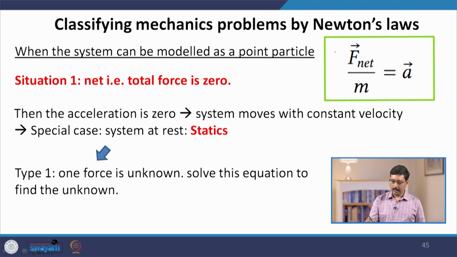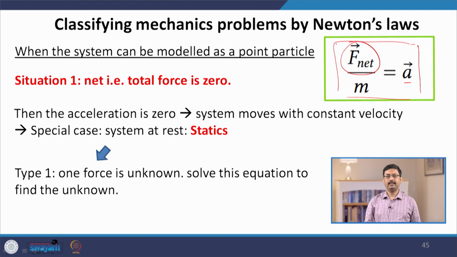So, here I write down, to recall, Newton's second law, the version in which the total force divided by m gives you the acceleration of the object. The first situation is when the net force is 0. Then Newton's second law shows that the acceleration must be 0, which means the system moves with a constant velocity, which is Newton's first law.